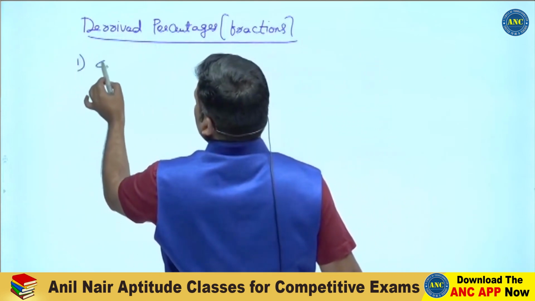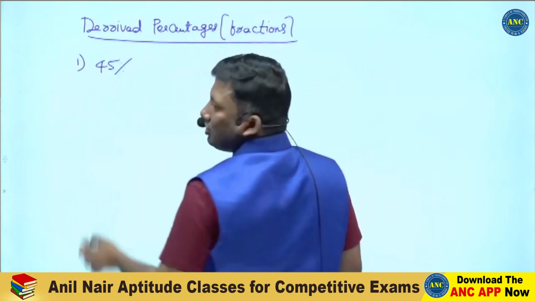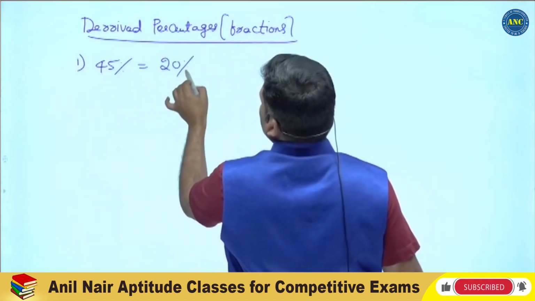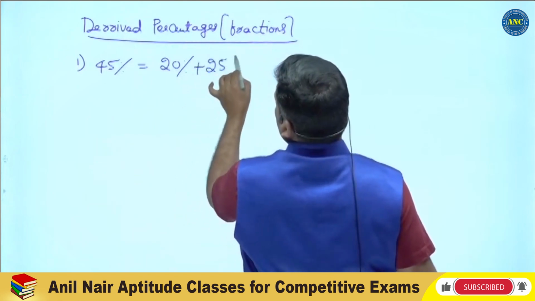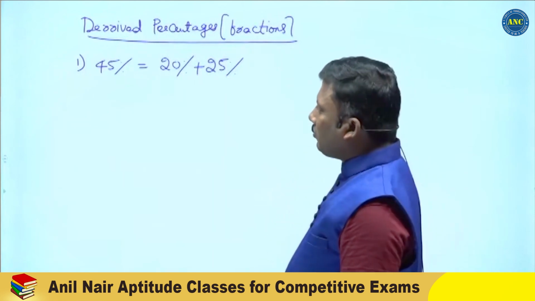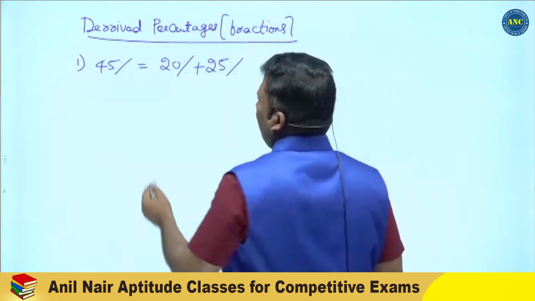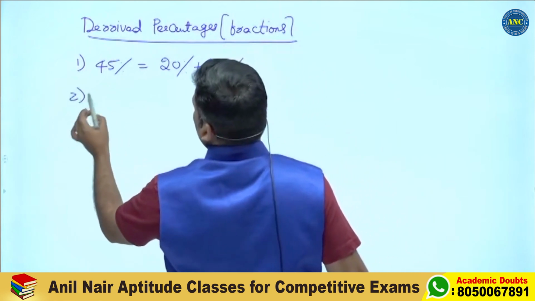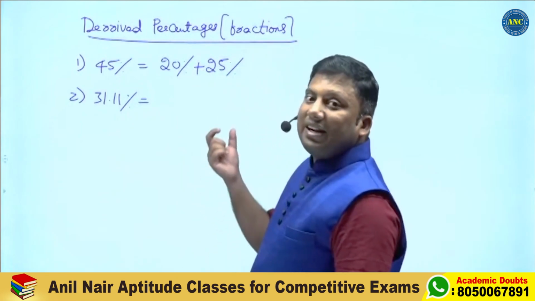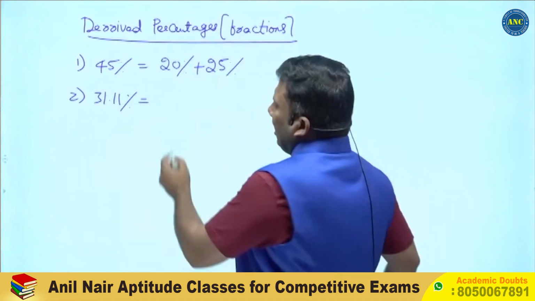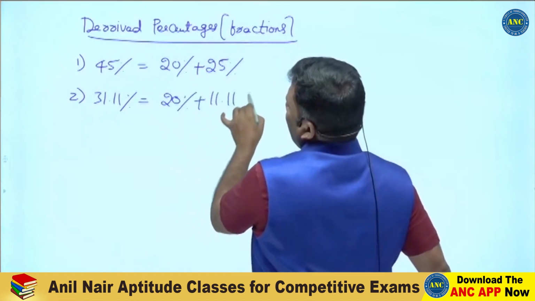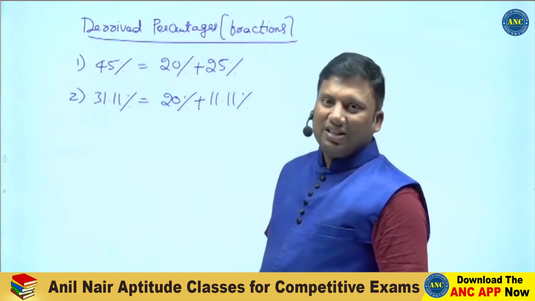Suppose the question is 45 percentage. How can I write this 45 percentage from the basic percentages? 20 percentage plus 25 percentage. Suppose the question is 31.11 percentage. This derived percentage comes from 20 percentage plus 11.11 percentage.